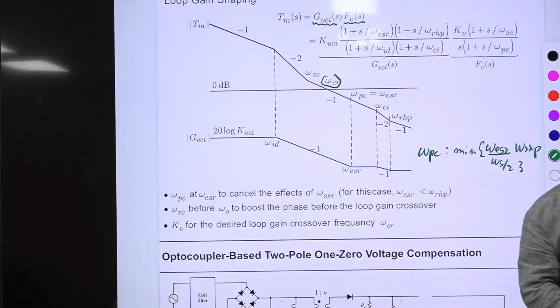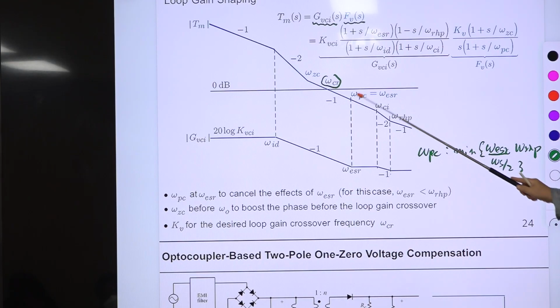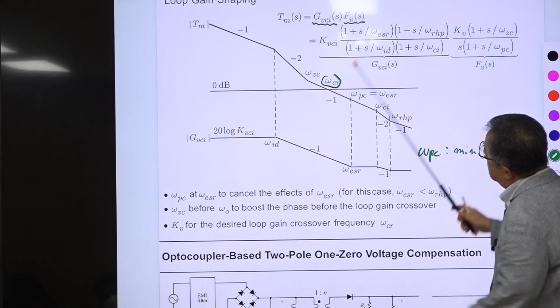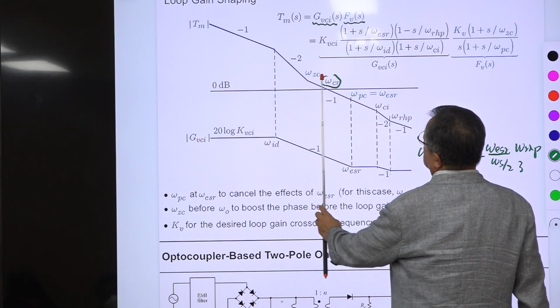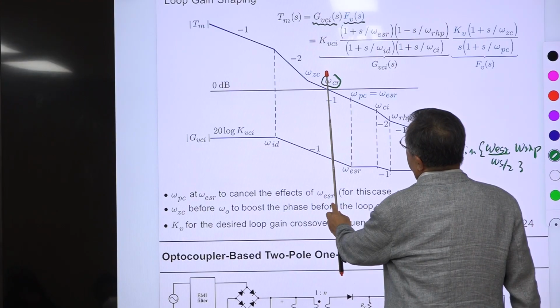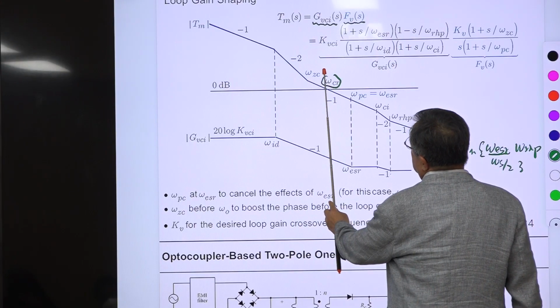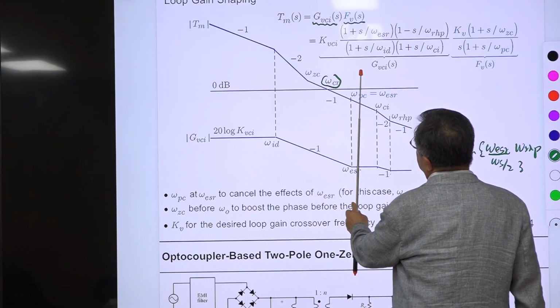Omega CI is the current loop crossover frequency. You should select some number between 10 to 30% of omega S. Okay, but this you want to place in the middle of this somewhere here, okay? You want to improve this, increase this, okay? Well, you cannot go like this.